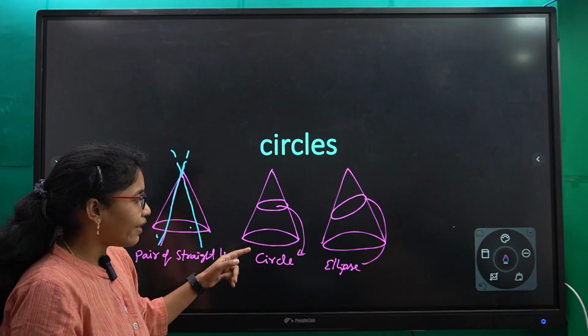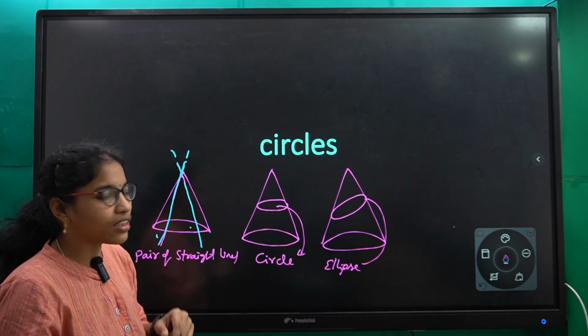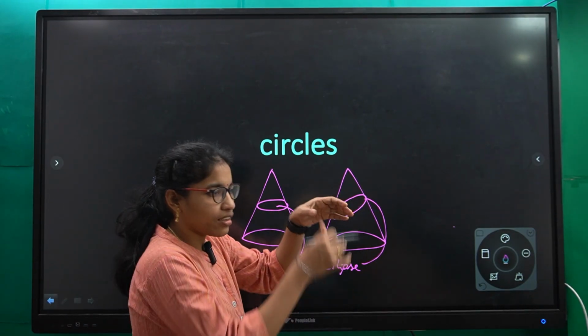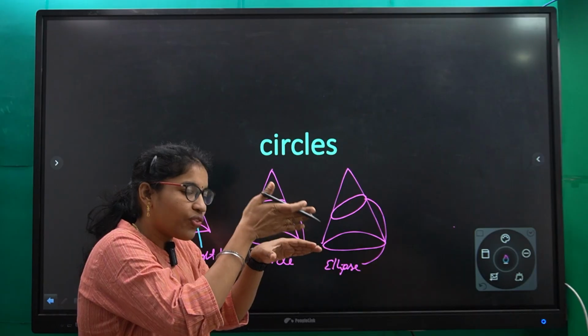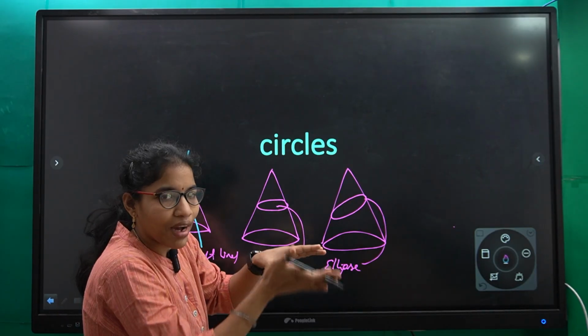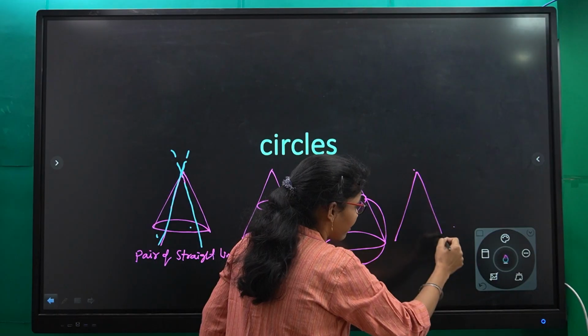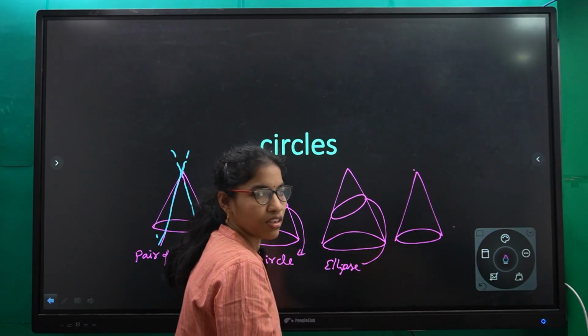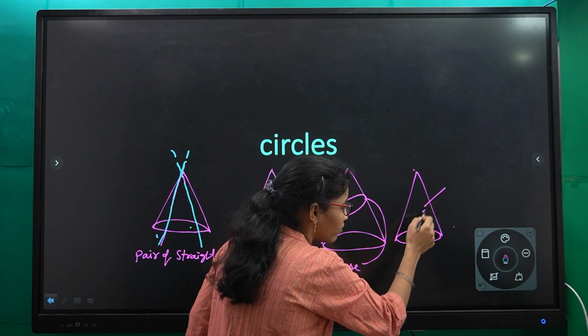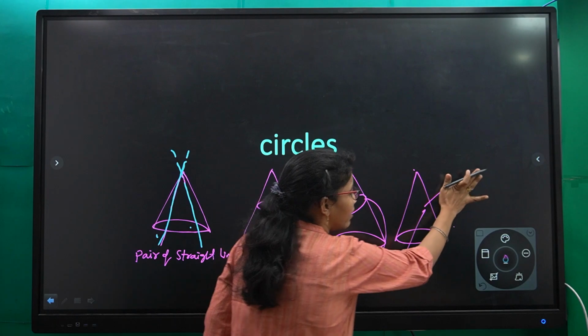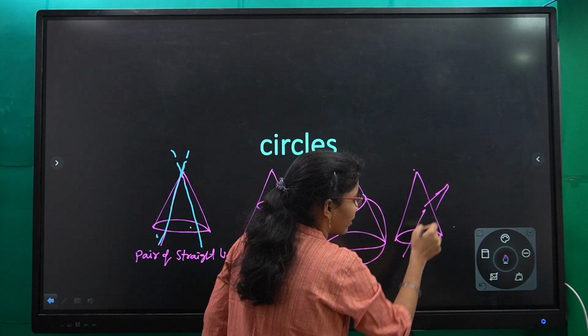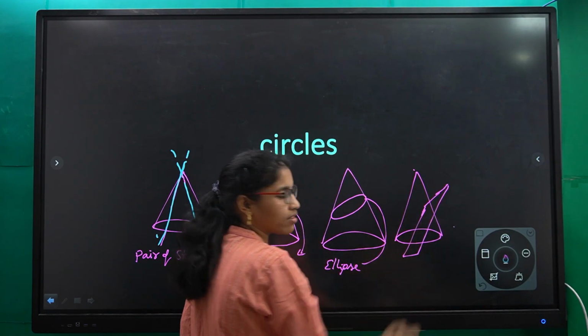Suppose you cut the cone with some inclination and through the base also.